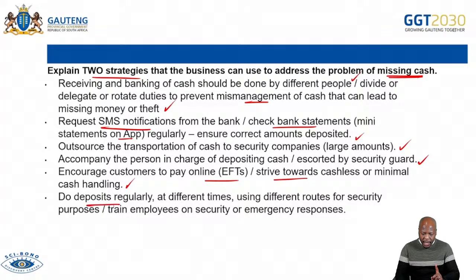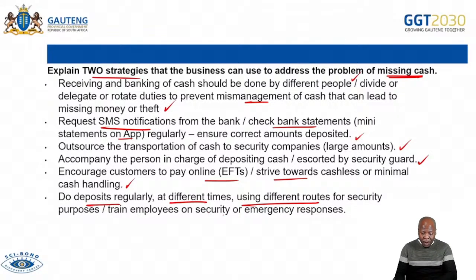Very important. Cash must be deposited regularly, but at different times and using different routes for security purposes. So you must not develop a pattern that the robbers can easily identify. At 10 o'clock you're going to bank, then they will definitely pounce on you. But you use different times and different routes, okay, for security purposes.